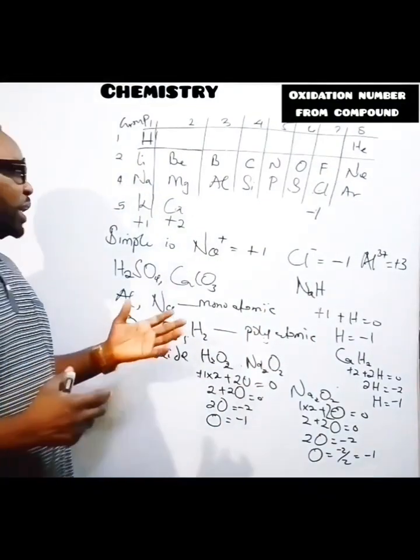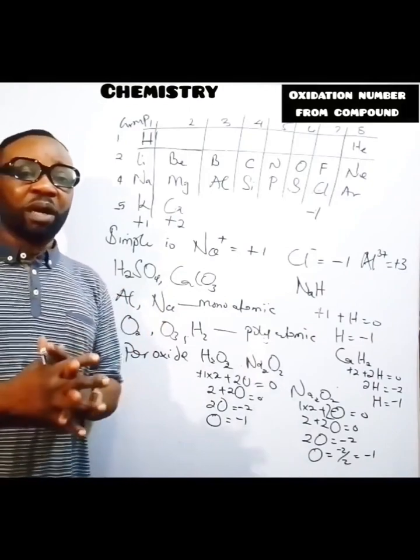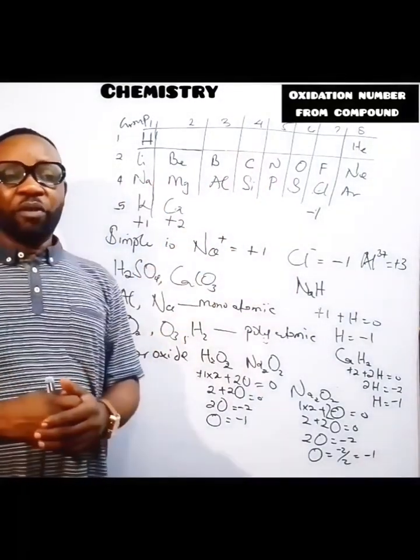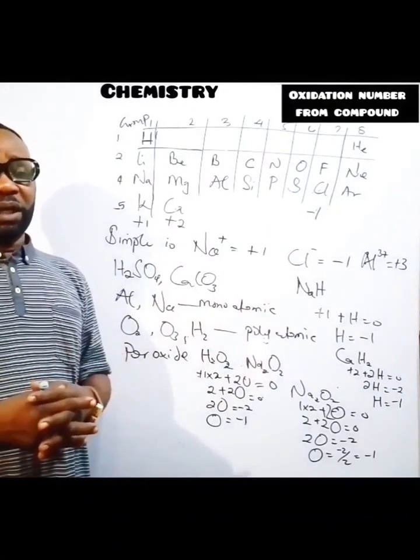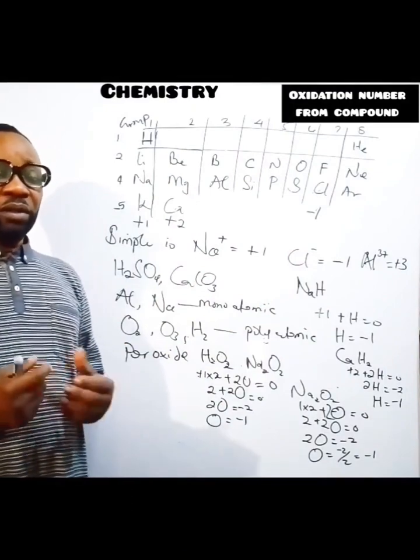That is how you get the oxidation numbers of them. Those are the rules that govern the oxidation numbers of the different atoms or elements found on the periodic table.